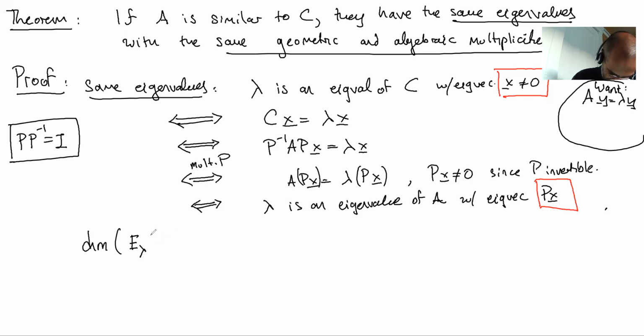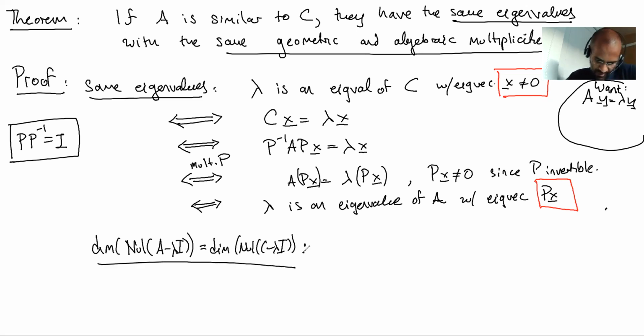I don't have a good notation for this, so let's just write it out. The dimension of the null space of A minus lambda I is equal to the dimension of the null space of C minus lambda I. Well, we kind of proved it up there, right?